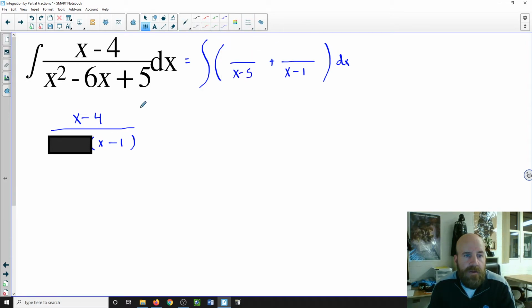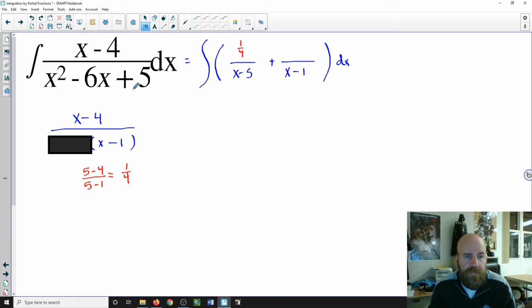So we have 5 minus 4 all over 5 minus 1. So we end up with 1 over 4. So 1/4 is the number that we put over the first term, the one that we canceled out. So 1/4 goes up here. So that's our A value.